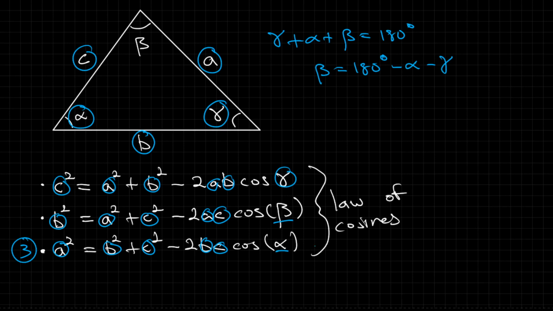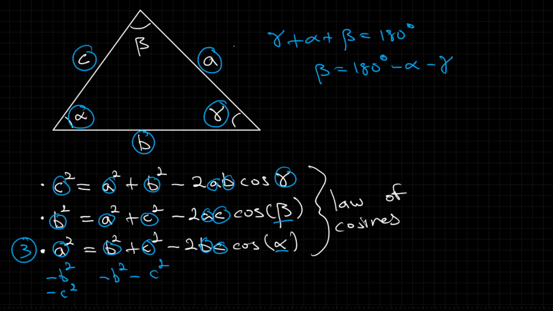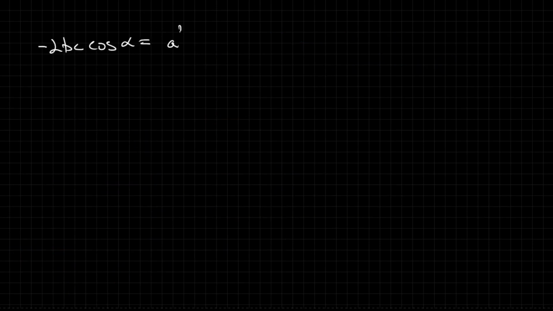So I'm going to take my third equation and solve it for cosine of alpha. So I'll subtract b squared and c squared from both sides, so minus b squared minus c squared. Then what I'll get is negative 2bc cosine of alpha is going to be equal to a squared minus b squared minus c squared.